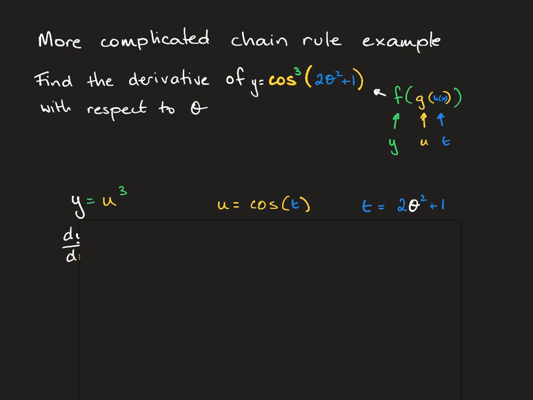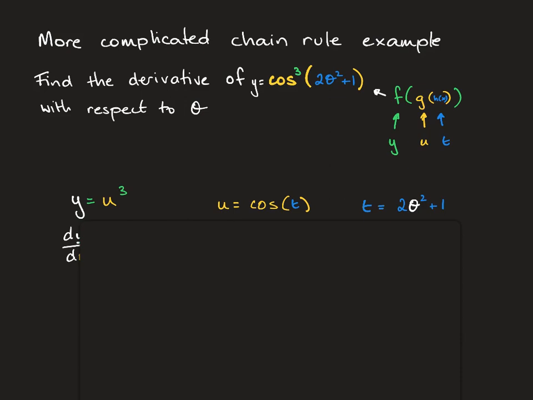So the very last thing I wanted to leave you with is a much more complicated version of the chain rule, and that's simply because you're asked to find the derivative of a function that is a cubic of a trig function that is a function of a particular angle. So if you like, we've got an outer function, an inner function, and an even inner function.